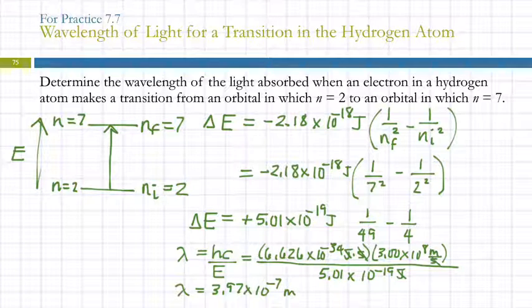Is that visible light? I don't think so. I'm familiar with visible light being expressed with wavelengths in nanometers, and it's like 400 to 700-ish. So if I want to put this into nanometers, I am going to multiply by 1 times 10 to the 9, or divide by 1 times 10 to the minus 9.